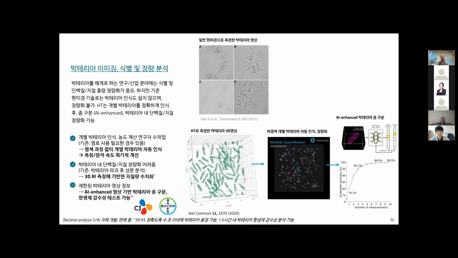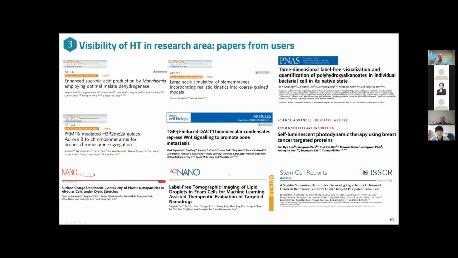But if you measure the three-dimensional tomogram of the refractive index, you can nicely see the presence of the bacterium, and you can also see the growth of the bacteria over time. And furthermore, we have developed an AI-based algorithm to classify the bacterial species based on the three-dimensional tomogram of refractive index. I'll explain the details in the following slides.